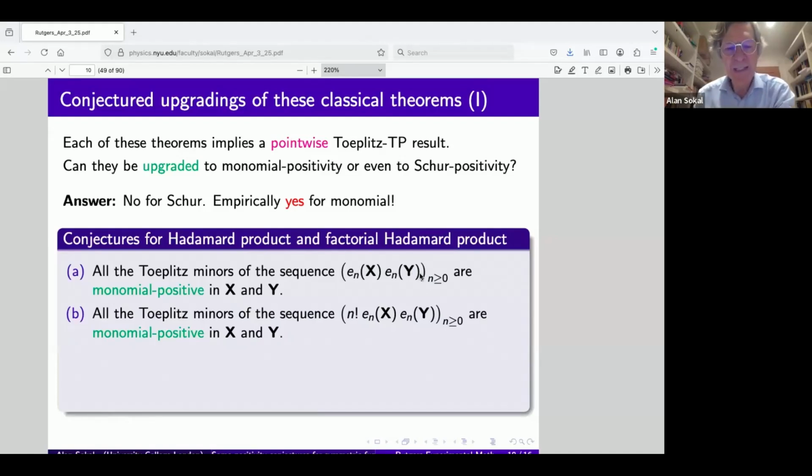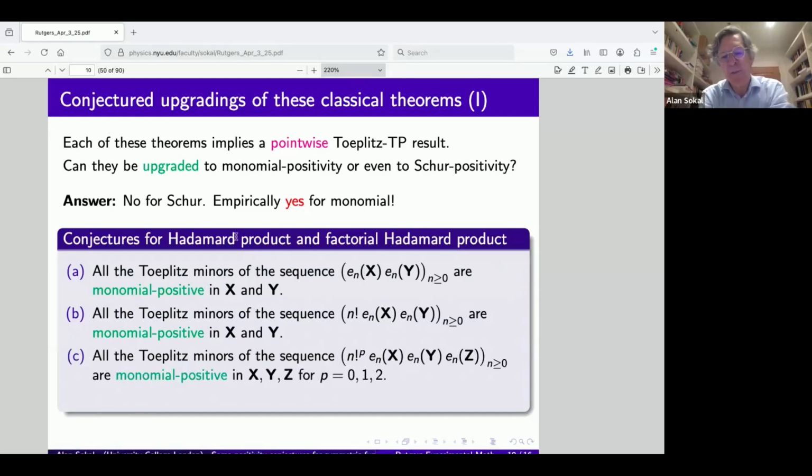And so the classical theorems say that if you take the Toeplitz minors of that sequence, they will be non-negative whenever the x's and y's are non-negative real numbers. But empirically, it seems that the Toeplitz minors are actually monomial positive in the x's and y's. You write it in the monomial basis for the symmetric functions in x and y, and you have non-negative coefficients. And the same seems to be true also for the factorial Hadamard product.